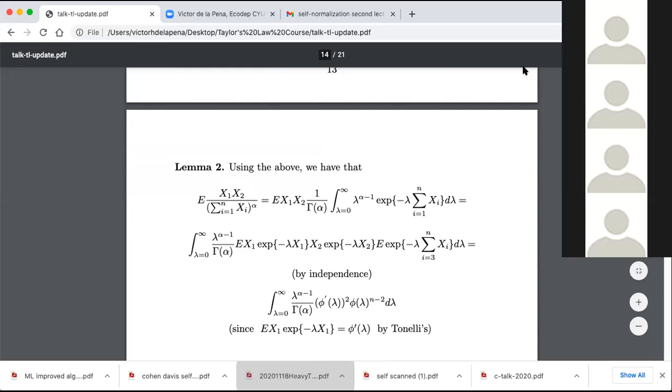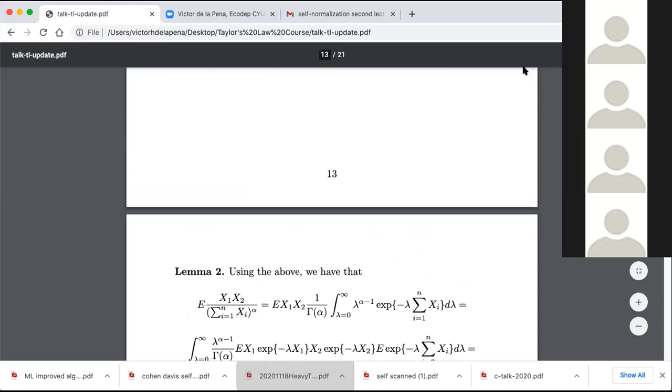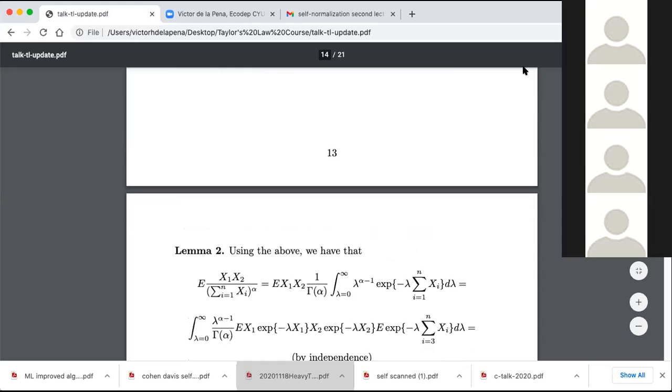Now, this is by independence, and I can rewrite here. After the integral of lambda to the alpha minus 1 over gamma of alpha, I have three terms, three random variables, which are independent. The expected value of the first one is the derivative of the Laplace transform of your variable. The expected value of the second one is the derivative of the Laplace transform of X2.